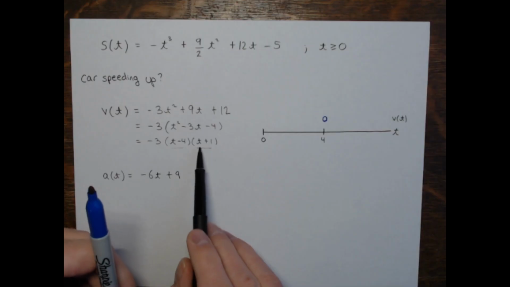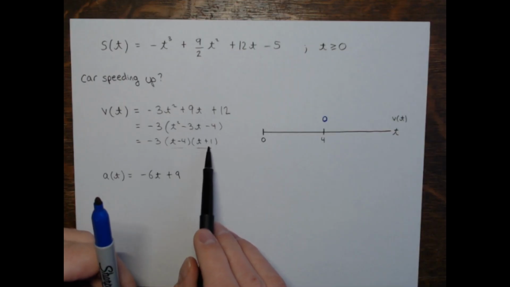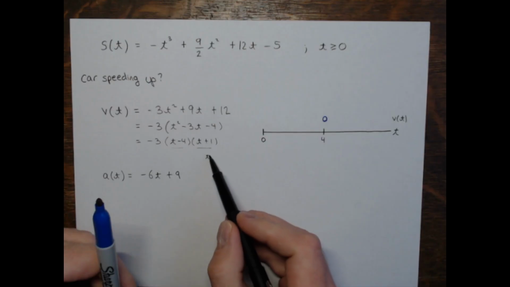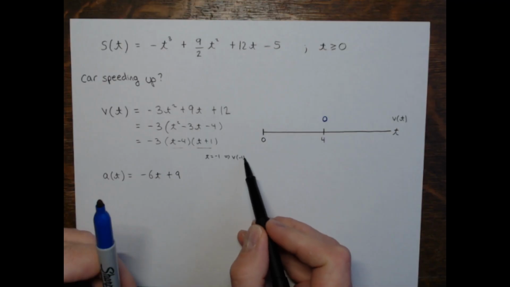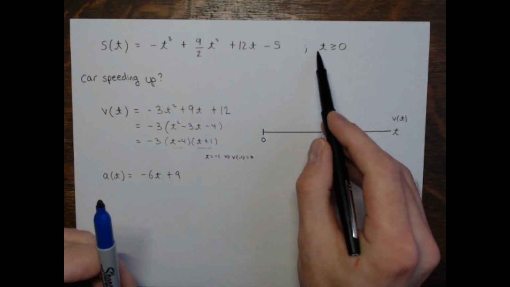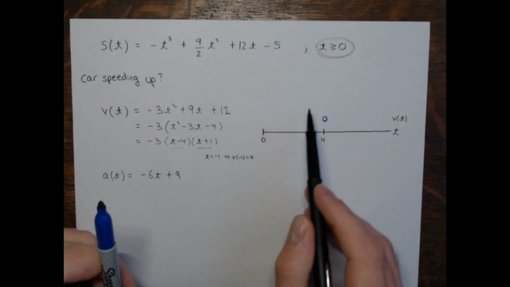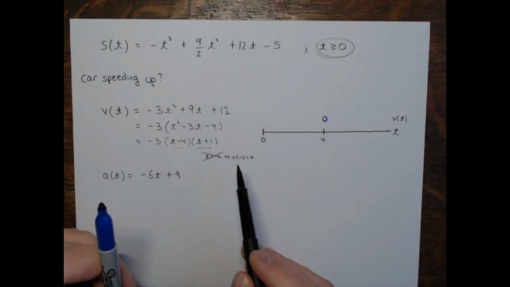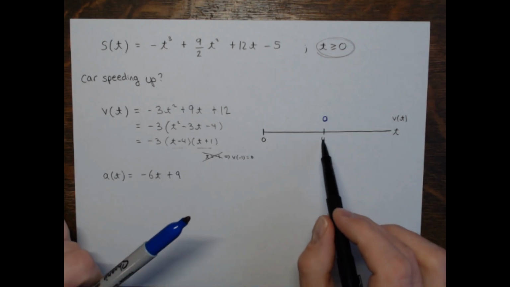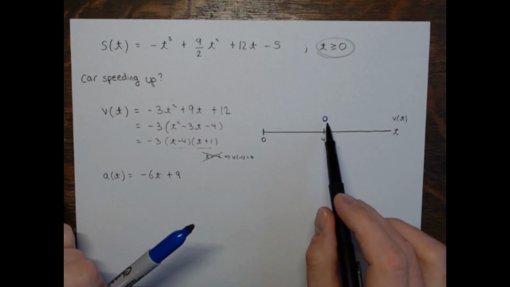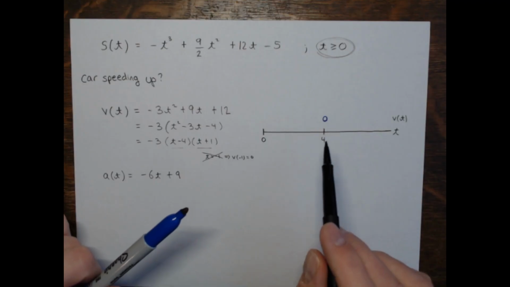Now the velocity is also 0 at t equals -1. But I already mentioned, we only want non-negative times, so I'm not going to worry about that one. Only 4 seconds. So at 4 seconds, the car is at rest. It is stopped for a moment.